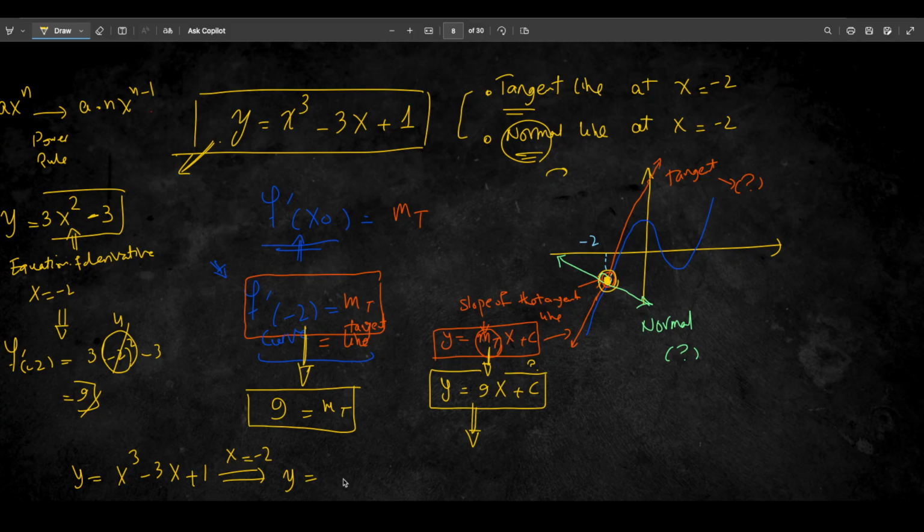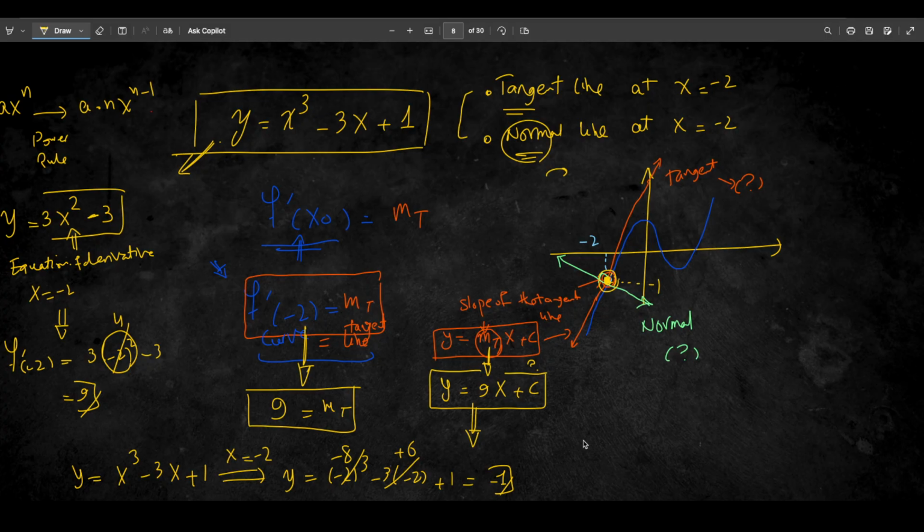So y equals minus 2 to the power of 3 minus 3 times minus 2 plus 1, which is minus 8 plus 6 plus 1, which is minus 1. So I know that the y value of this point is minus 1.